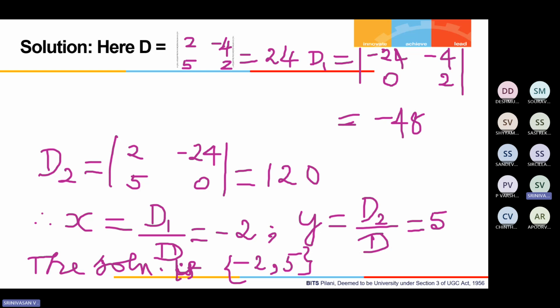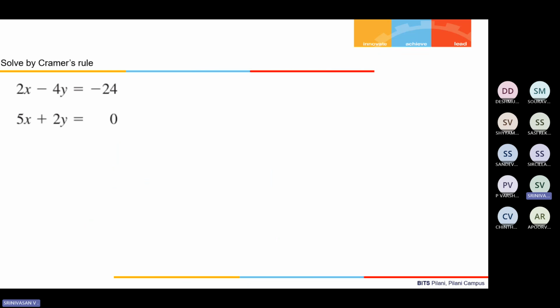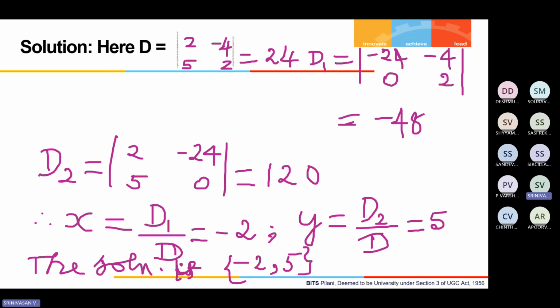That is how you get determinant 1, determinant x. What is the meaning? The column 2, 5 is nothing but the coefficients of x. That's why the first column is being replaced by the constants. So you now expand: minus 48 minus 0, so you get minus 48.